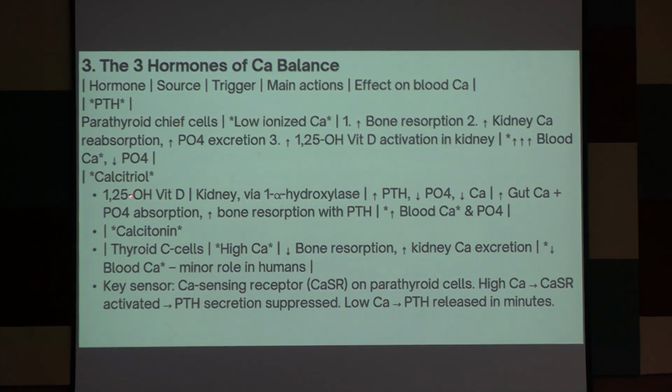Next is calcitriol. Calcitriol is 1,25 OH vitamin D. The source is kidney via 1 alpha hydroxylase. The effect is, whenever there is high PTH, low phosphate, low calcium, it causes increase in the gut calcium and phosphate absorption, and bone resorption increases with PTH.